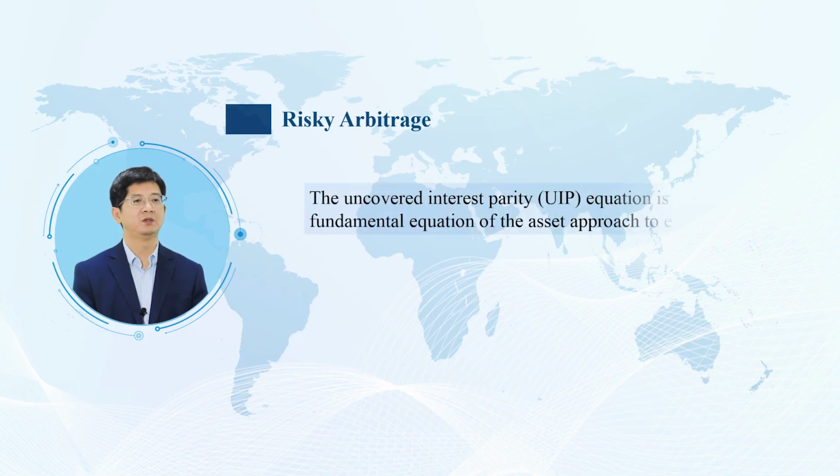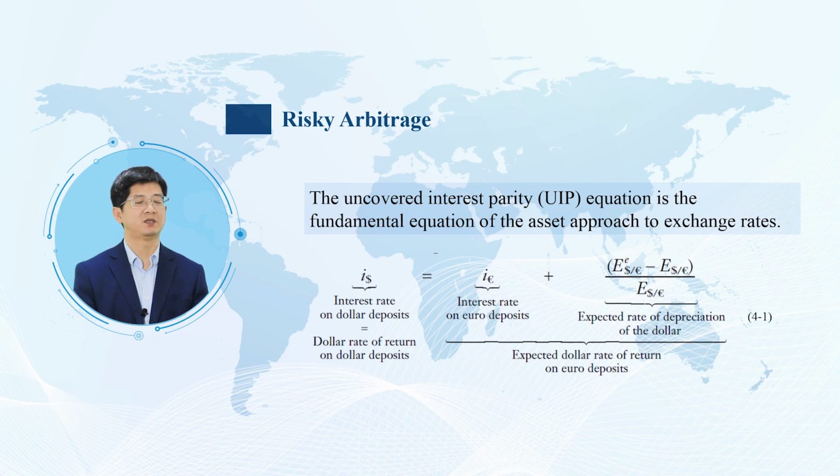We assume home is the United States and foreign is the Eurozone, and require that the dollar rate of return on the home investment equals the expected dollar rate of return on the foreign investment, where each interest rate is an annual rate.